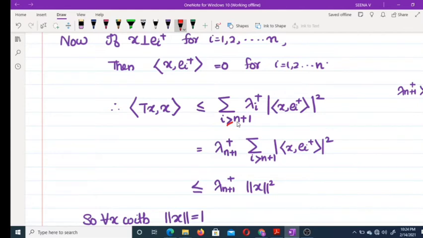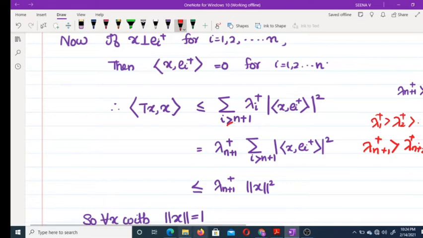Okay. But we have lambda 1 plus is greater than lambda 2 plus is greater than etc. That means lambda n plus 1 plus is greater than lambda n plus 2 plus etc. So you can replace lambda n plus 2 etc. by lambda n plus 1.